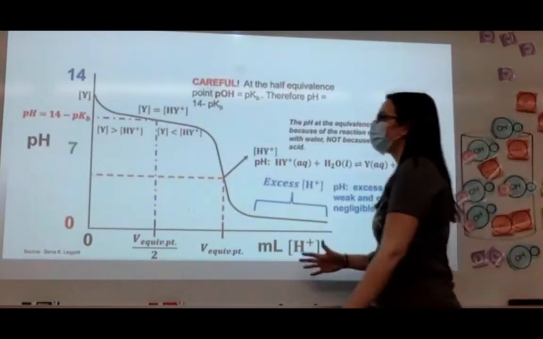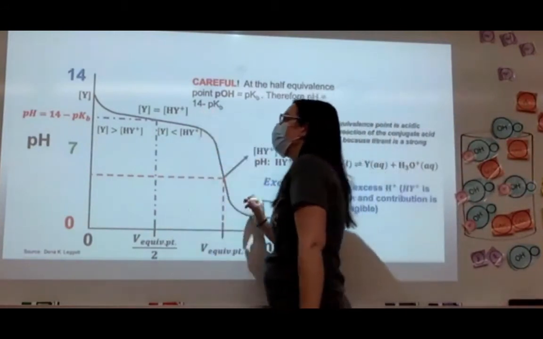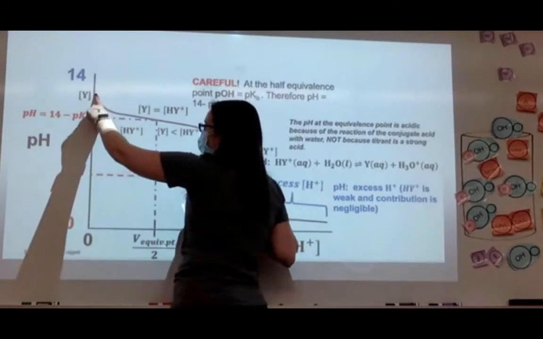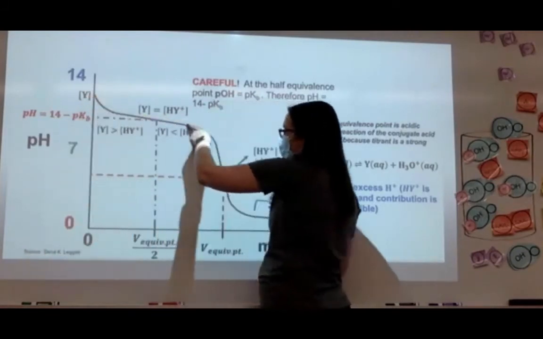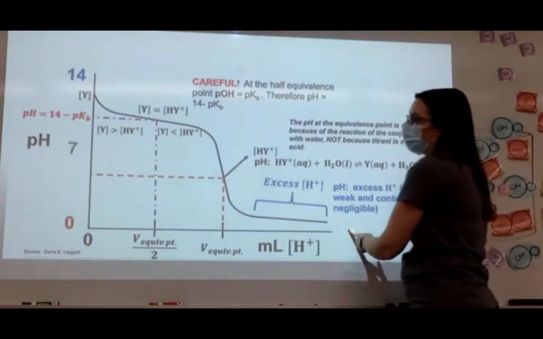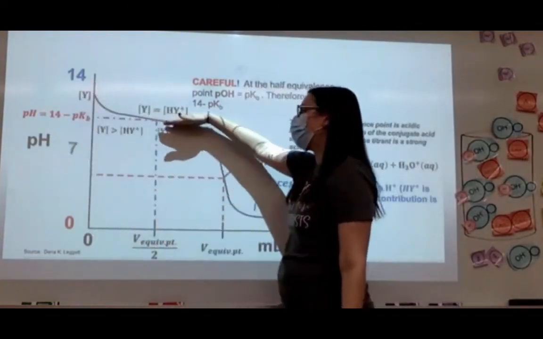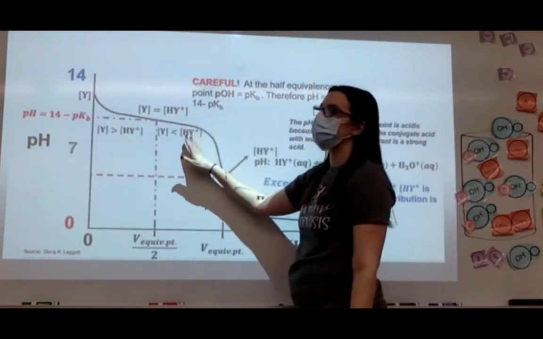Now I just want to show you what this looks like, because this looks a little different. It goes the other way. Here I'm starting with a base, and then it goes down, all the way down over here. Because it has this little extra curve in here, that tells me that I'm dealing with something that's weak.